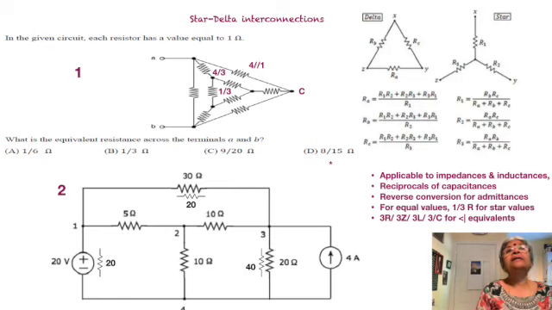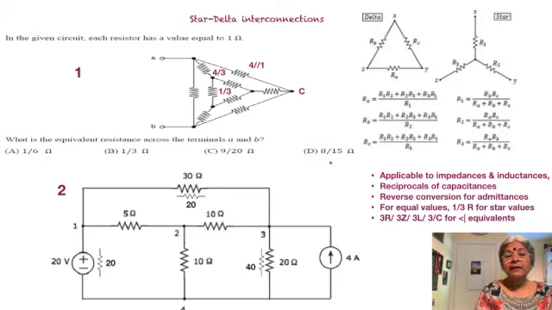And if you have only admittances with you, again it is applicable, but the conversion happens to be opposite in nature. Similarly, if we delve deeper, we see that if each of these components are equal, then the star equivalent will be 1/3 the value of the delta components.